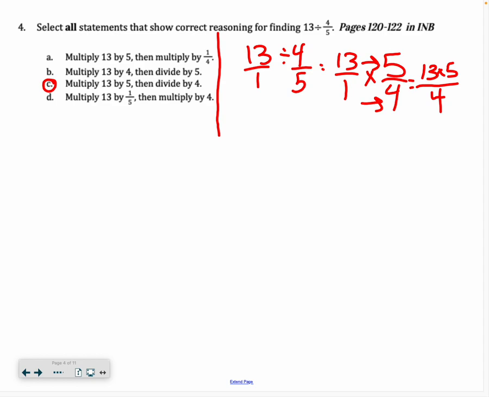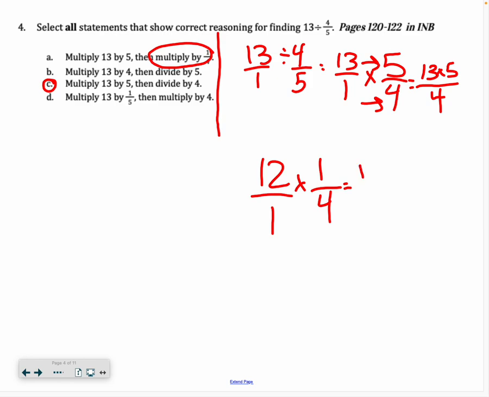And you might think that's the only one that says multiply 13 by 5 and then divide it by 4. But if you look closely, and if you remember what we talked about with unit fractions, this first one, multiply 13 by 5, that's the same first step. Multiplying it by that 1/4, think about if we multiplied a number, 12, by 1/4, what does that actually end up doing?